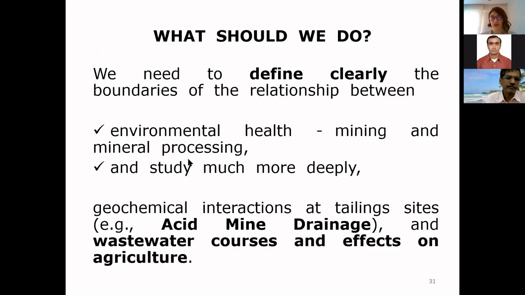So what should we do? We need to define clearly the boundaries of the relationship between environmental health, mining, and mineral processing, and study much more deeply. And also, we should determine the geochemical interactions at tailing sites and wastewater courses and effects on agriculture.